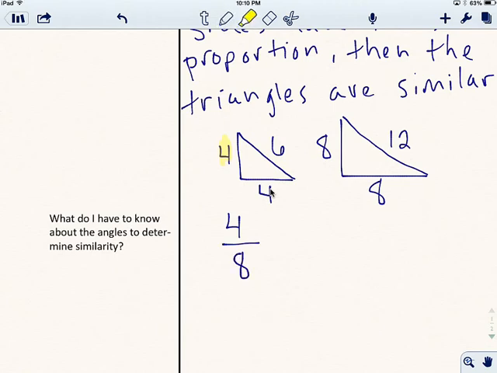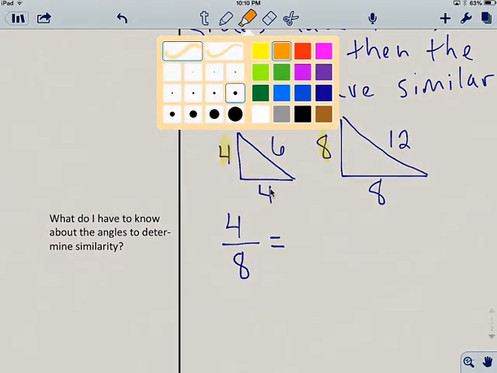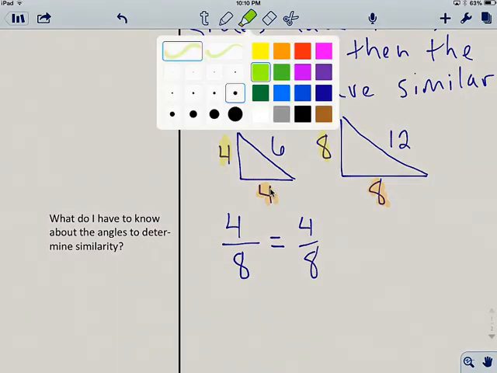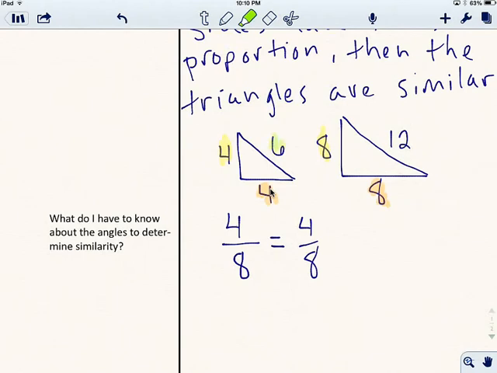So I've made a proportion, a fraction, and I want to see if that is going to be equal to my other proportion. Let's change the color. Let's make a fraction out of these corresponding sides, so that's another 4 and 8. And then let's make a fraction out of these two corresponding sides, 6 and 12.